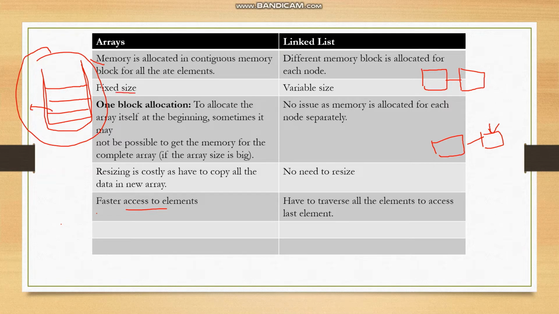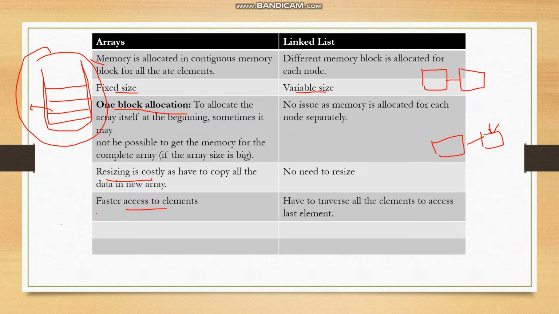So arrays are fixed in size, but linked lists are variable in size. One block allocation, as we discussed, all the elements are allotted in a single go. Resizing is costly in arrays. How?